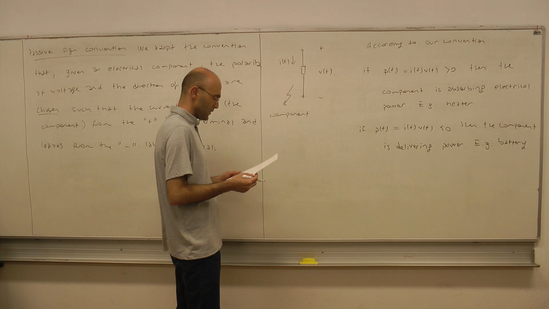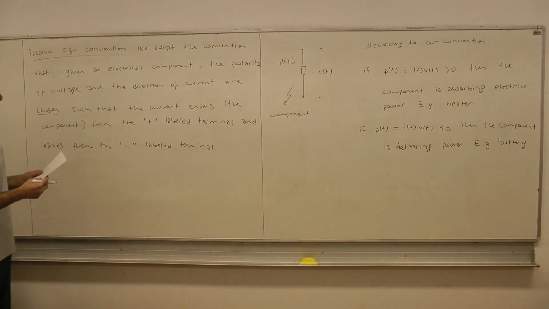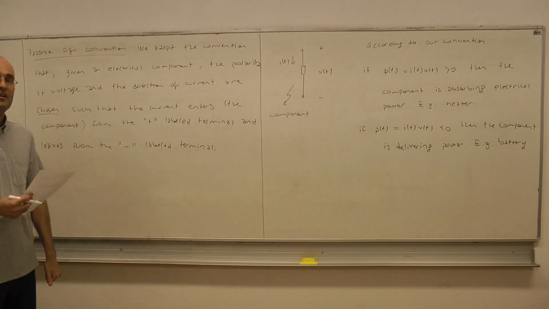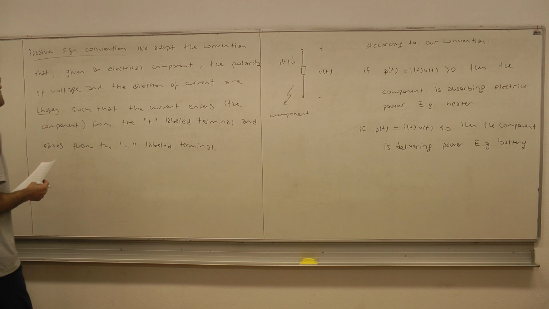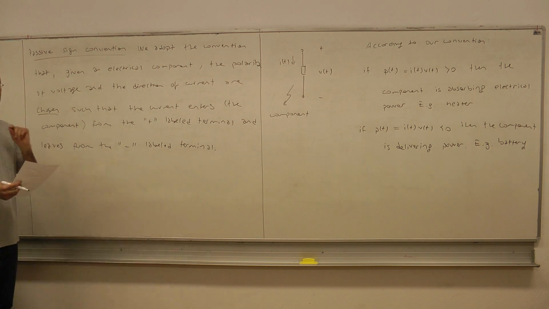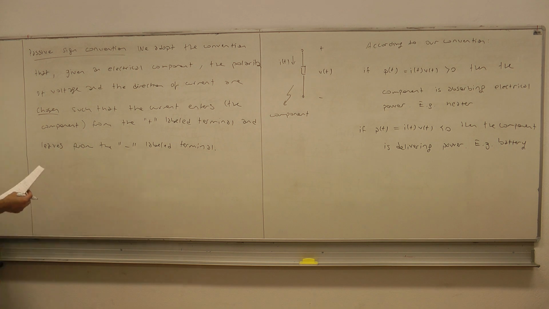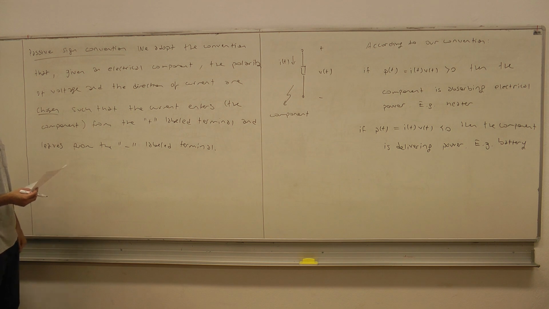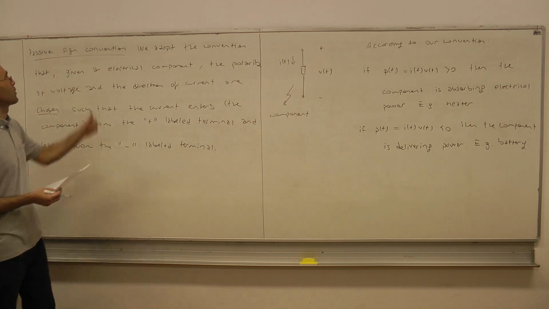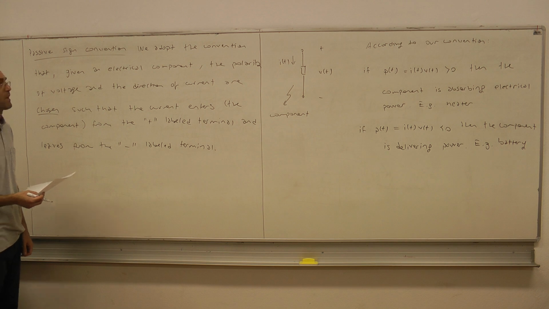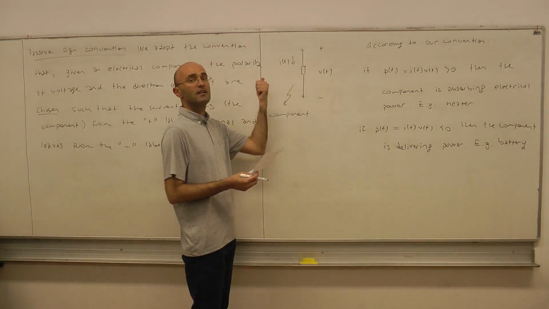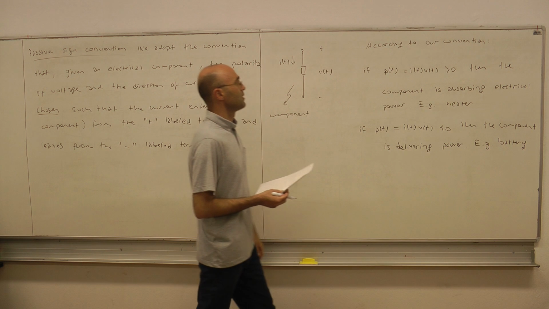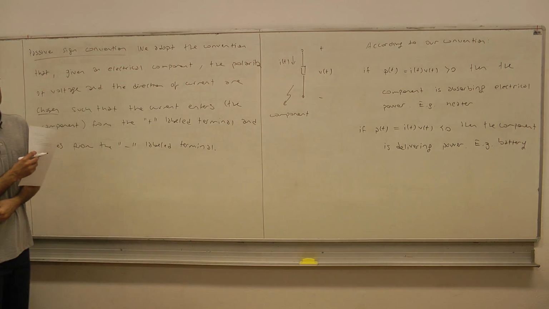Okay. So what we have covered so far is we talked about charge, then we talked about current, we talked about voltage, okay, and we mentioned how we should be careful about current measurements, about the direction and also the polarity in voltage measurements, and then we talked about the passive sign convention and what it means if you obey the passive sign convention, when the power is positive and when the power is negative.